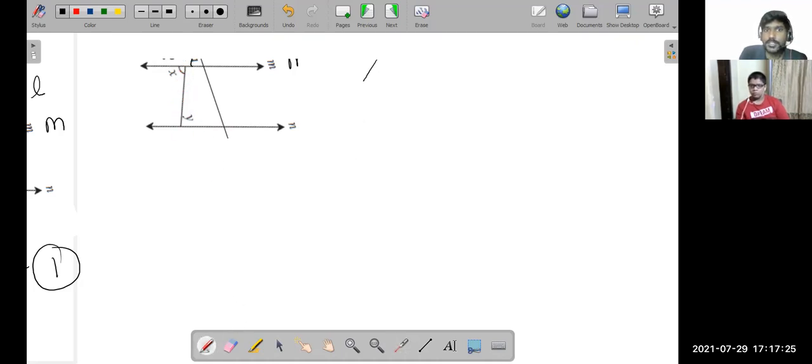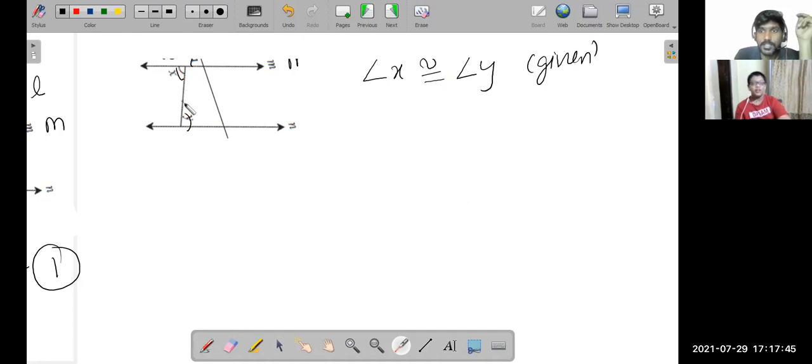Now, it is given angle x is congruent to angle y. This is x, this is y. This is given to you. But what relationship can you see between x and y? They are alternate, one word you're missing, alternate interior angles.